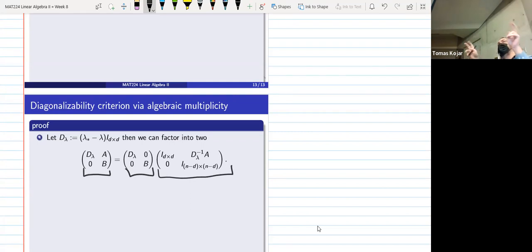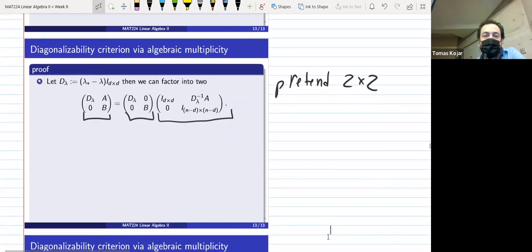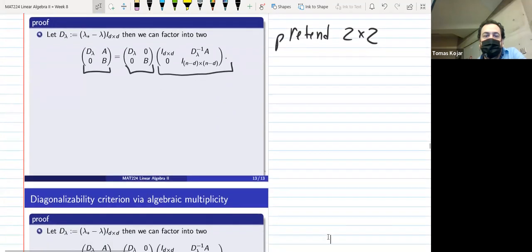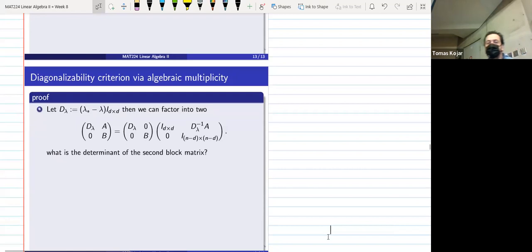So pretend it's 2 by 2, okay? If you do this, you get the guy on the left. Okay, so this is a question you can answer now. What's the determinant of the second 2 by 2?